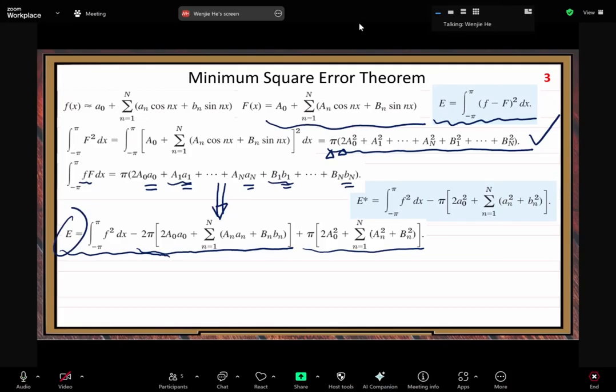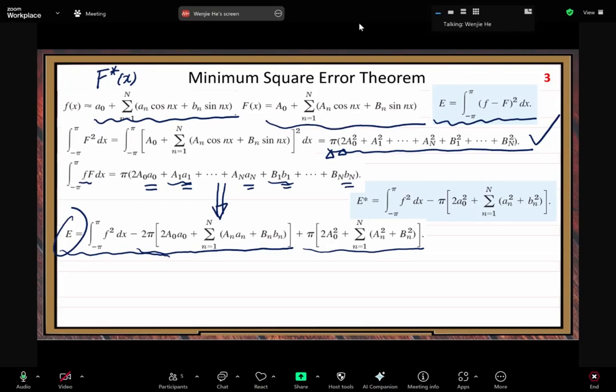All right. Now, can we choose F? Can we choose one special F? Because we use star, how about we choose F, capital F star of x equals this expression? That is the partial sum of the Fourier series.